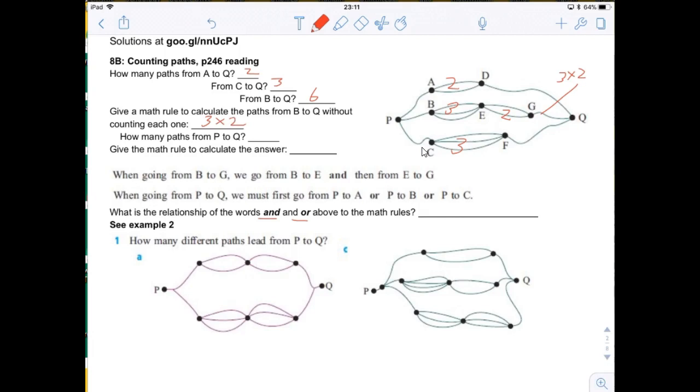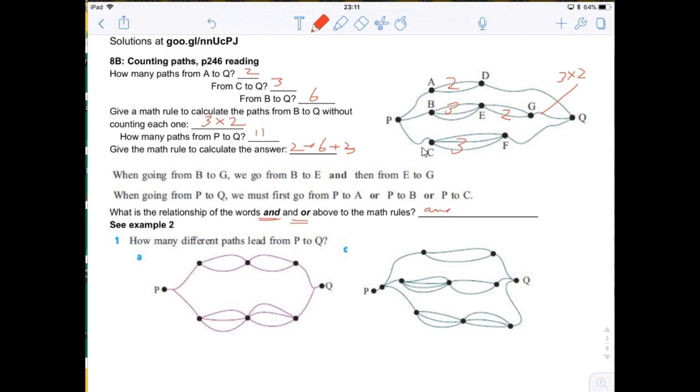How many paths from P to Q total? We add 2 plus 6 plus 3, which gives us a total of 11. Okay? And so we found that by addition, right? And this is what I was explaining before.